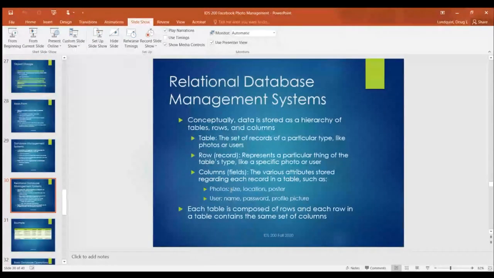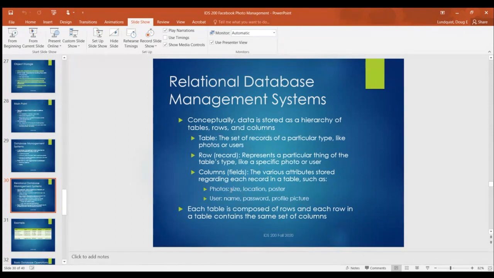Okay, so the basic idea with relational databases is that data is stored in a hierarchical way. You have tables, rows, and columns. The table is a set of records of a particular type, for example, a list of photos or a list of Facebook users. Each row or record is a particular thing of whatever the table's type is, like a specific photo or a specific user. And the columns are the attributes stored corresponding to each record in a table.